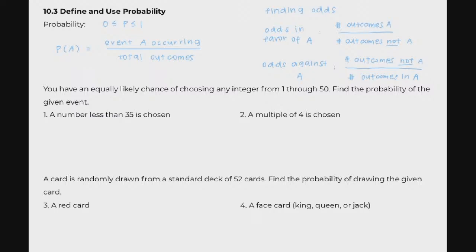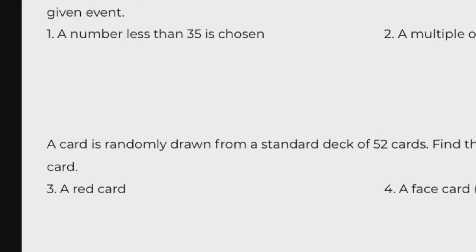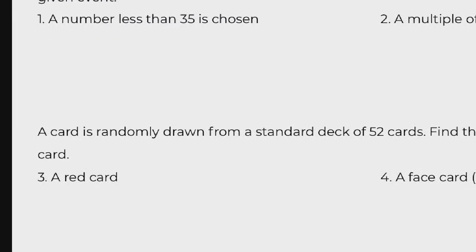Okay, so it says you have an equally likely chance of choosing an integer from 1 through 50. Find the probability of the given event. So there are 50 numbers from 1 through 50, so that means the total outcomes is going to be 50. And a number less than 35 is chosen.